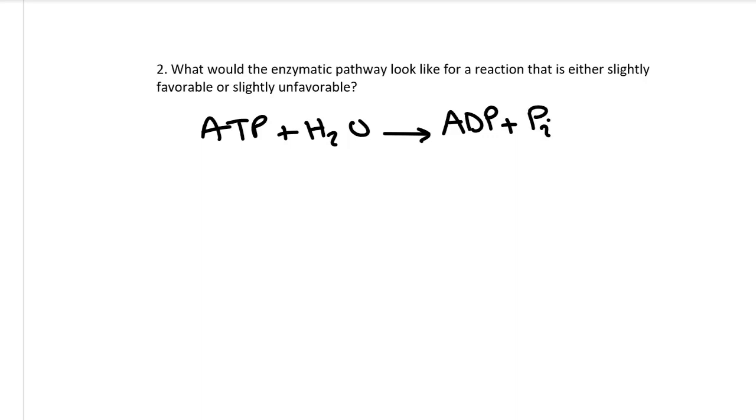This has a delta G standard that is much less than 0, and a K that is much bigger than 1. So for a reaction like this, having a single arrow is fine.